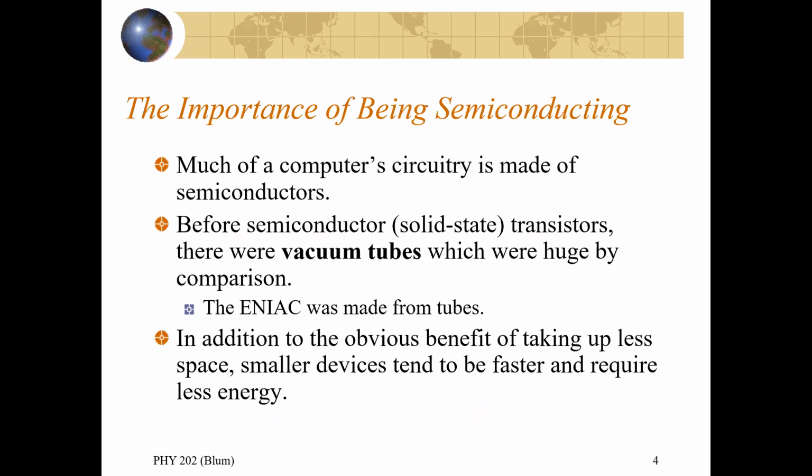Much of our computers today are built of transistors and chips, all built out of semiconductors. We did not always build computers out of semiconductors. Back in the 1800s, there was at least the beginnings of a computer built with just gears.